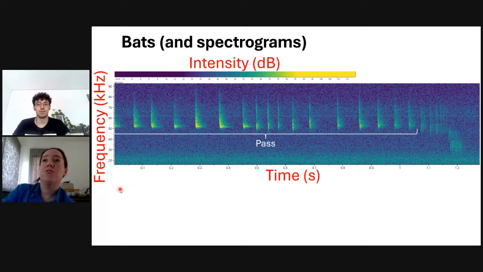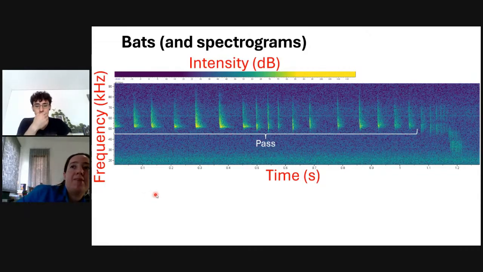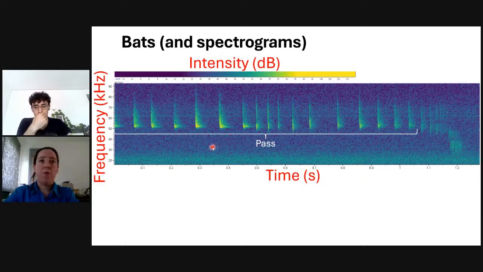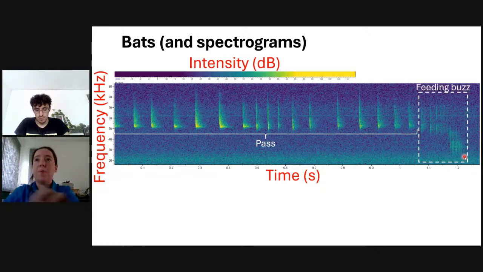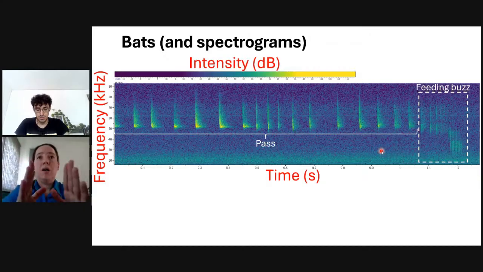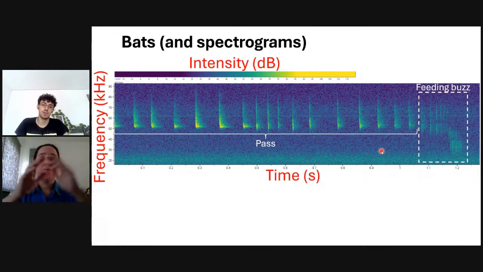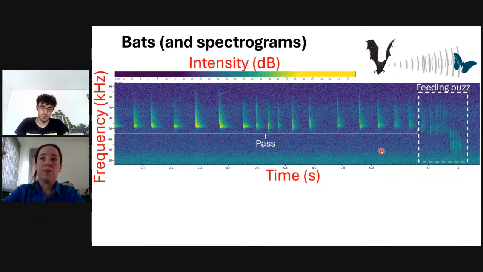Just for you to start understanding a little bit of bat bioacoustics, this is what we call a pass. That is, the bat is passing. And this part here is called a feeding buzz. It's the moment where the bat gets closer to its prey and will finally attempt to capture it.